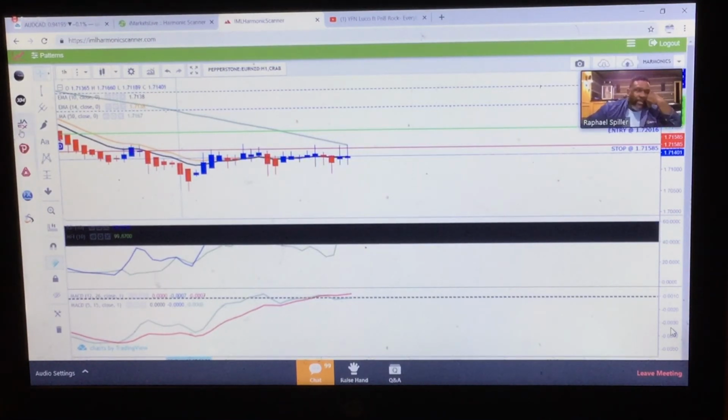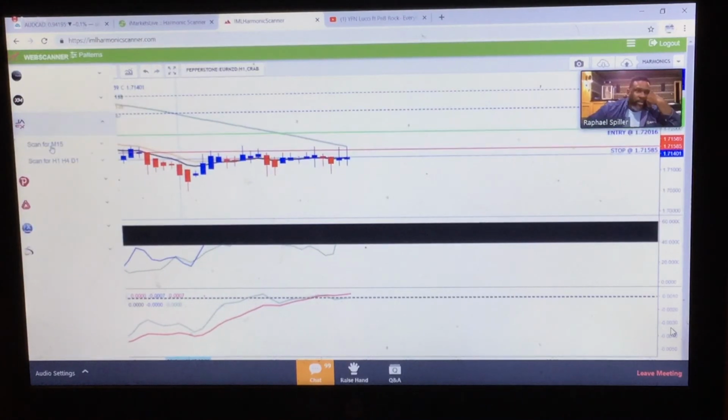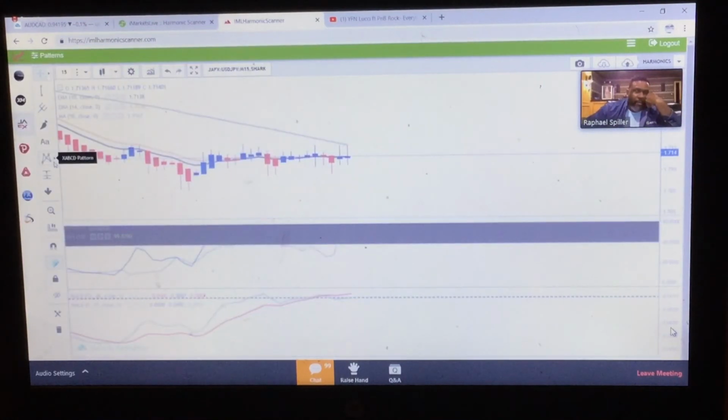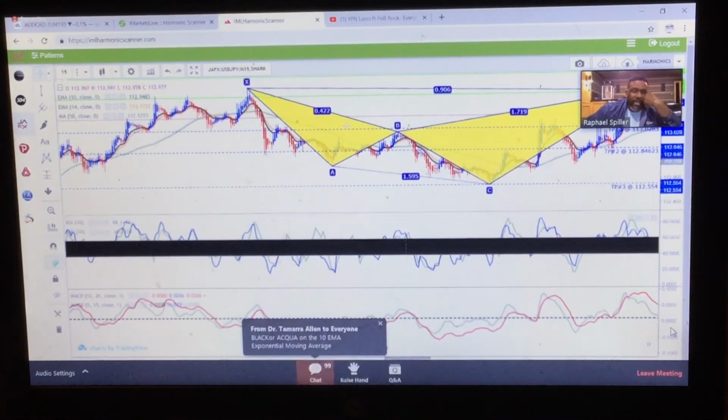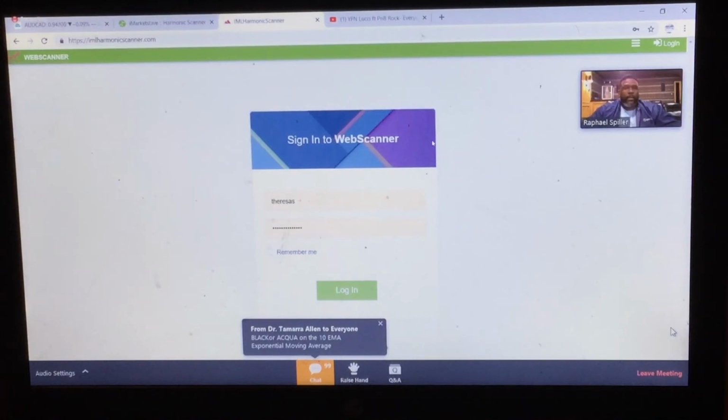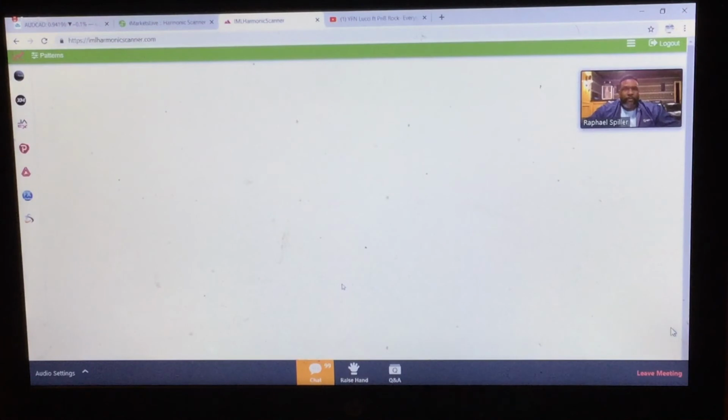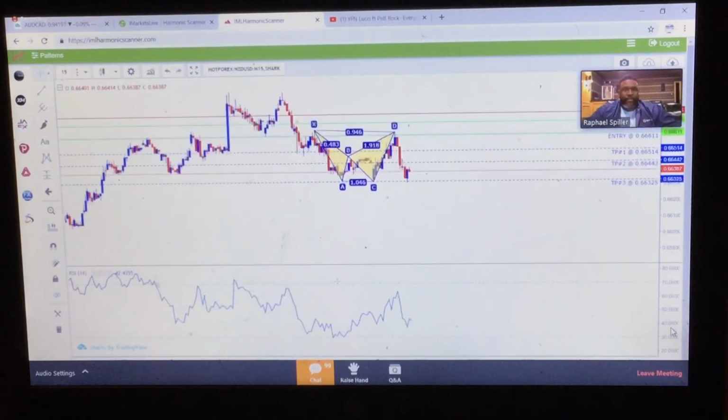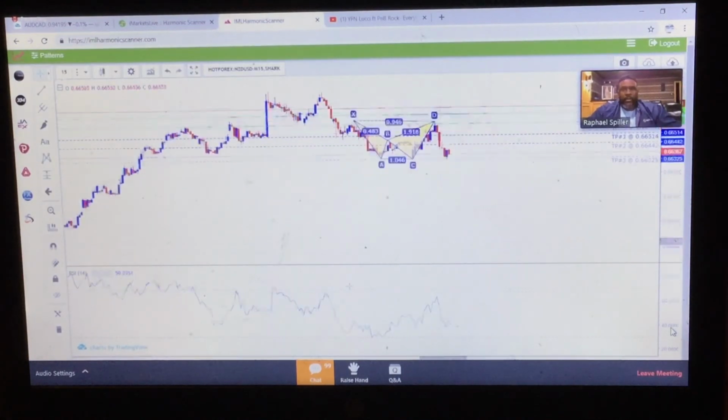Now watch what happens if you go to other charts, right? You can lose all your settings. Now all these settings are there, but let me show you something right here. Let me log out of the harmonic scanner, right? I'm going to log back in. None of my settings are there. You see this? Before, you were going in and adding all these settings back in, and you have to put all this stuff back in.